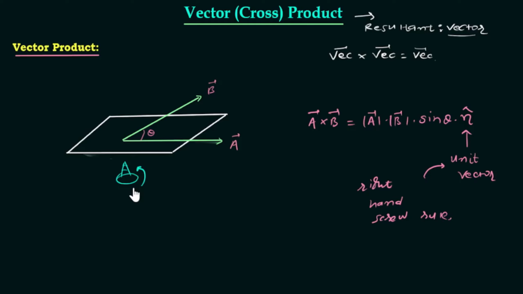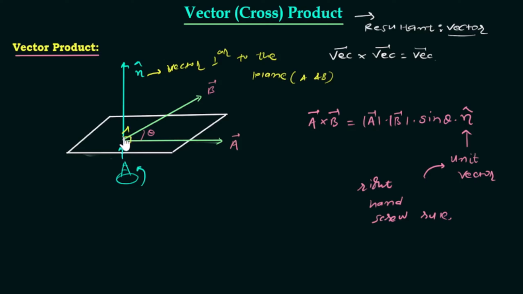If it is B cross A, then we will rotate the screw from B to A. By rotating, the screw will move in this particular upward direction. The direction of this rotation of the screw will give us the unit vector n cap. Always remember this direction of n cap will always be perpendicular to B and A separately.